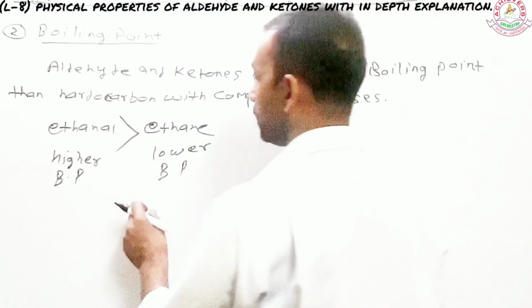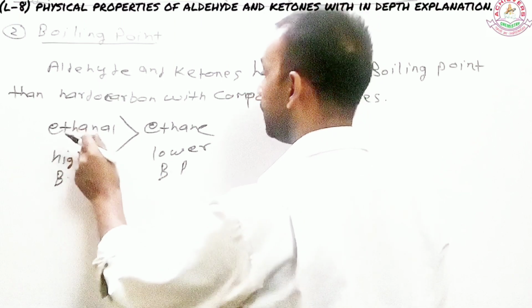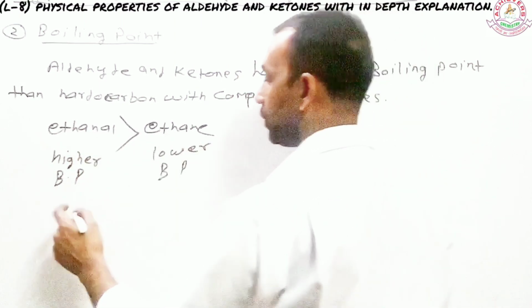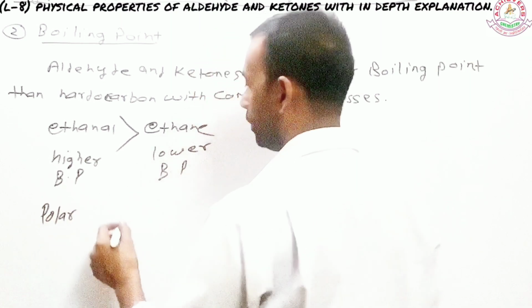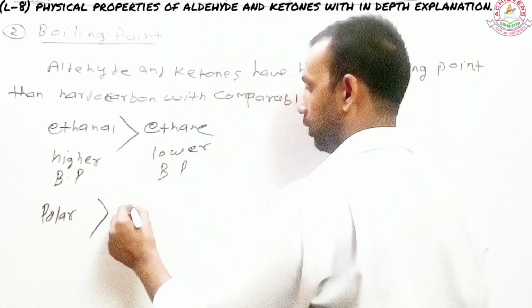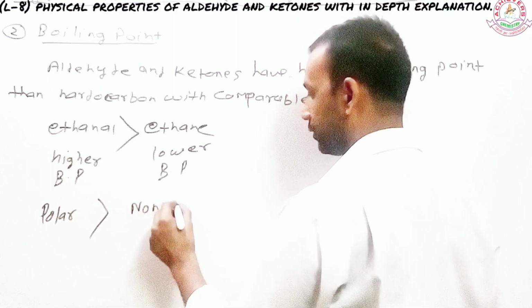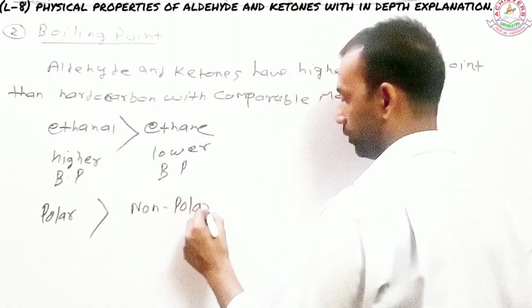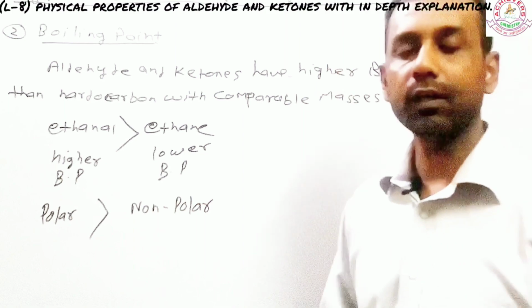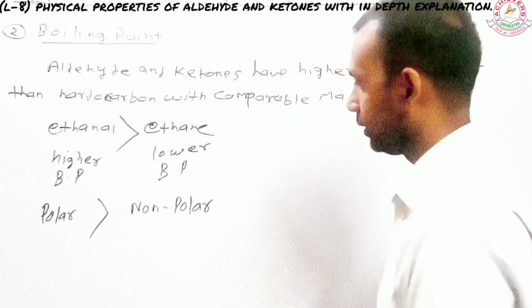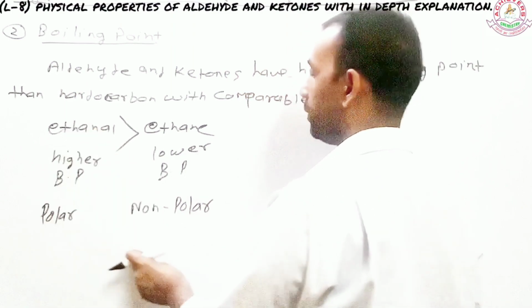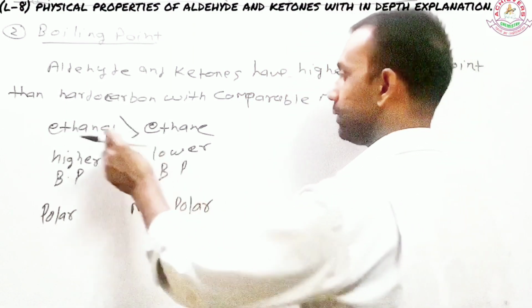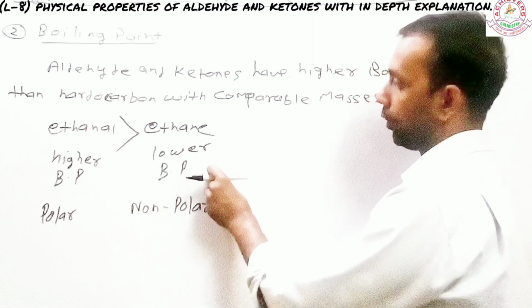Now the question is why ethanal has a higher boiling point compared to ethane. Because it is a polar molecule, while ethane is non-polar. If the polarity increases, the boiling point also increases.